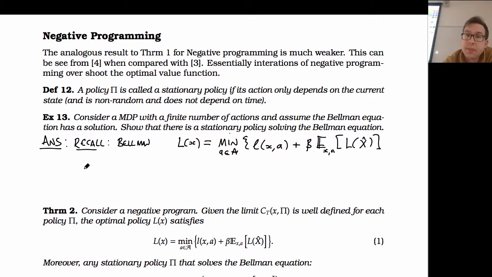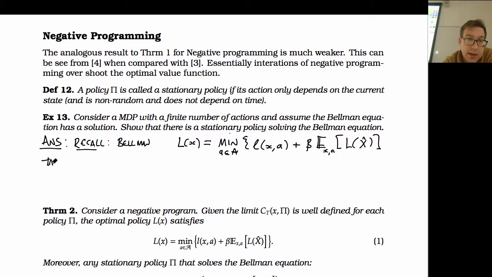Now, if there's a finite number of actions here, there's always going to be one that's minimizing it. So if I take L, the optimal value function, and the Bellman equation associated with it, there's a finite number of actions, so I can choose the one that minimizes it.